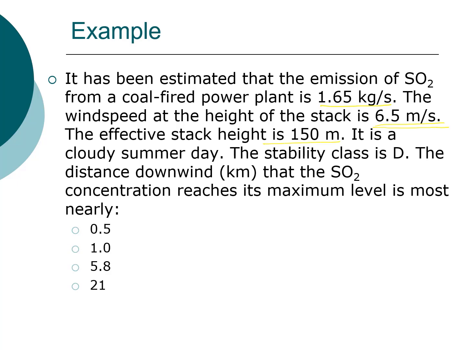The effective stack height is 150 meters. It's a cloudy summer day, so we'd go back to that table to determine stability class. And if you do that, you'll find that the stability class is D. And you're asked then for the distance downwind that the SO2 concentration reaches its maximum level.